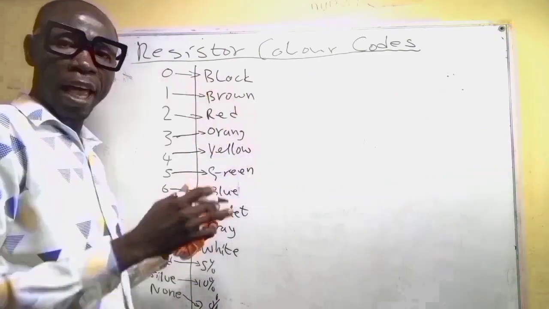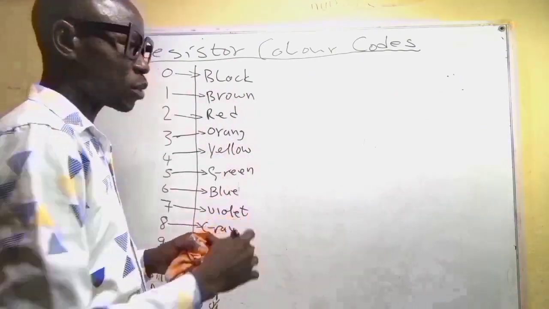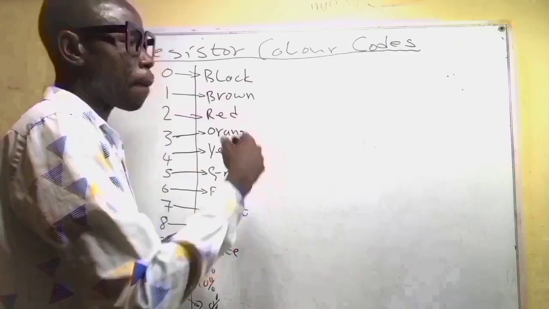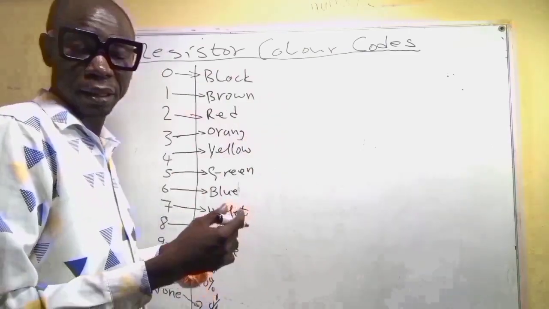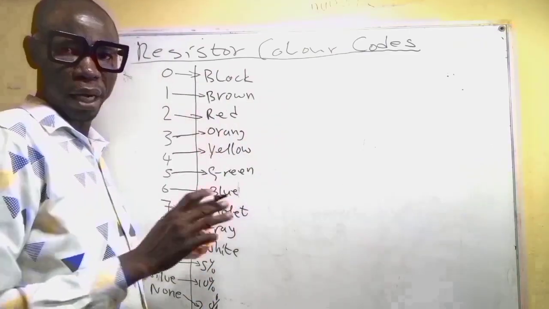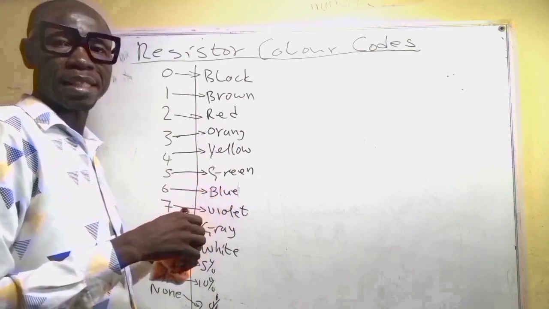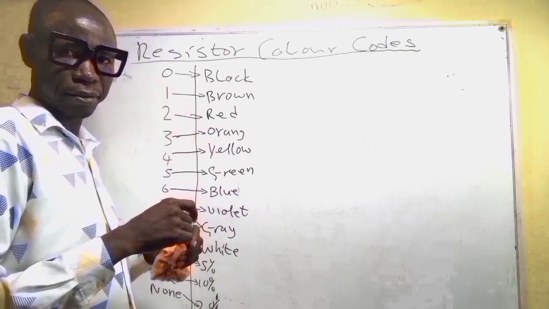The first band and second band is multiplied by the third band to get the resistor value, or the resistance in the resistor.